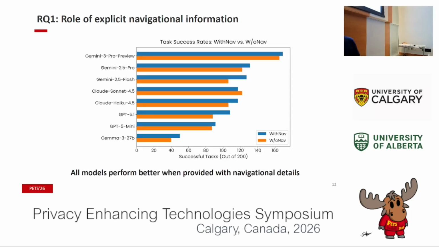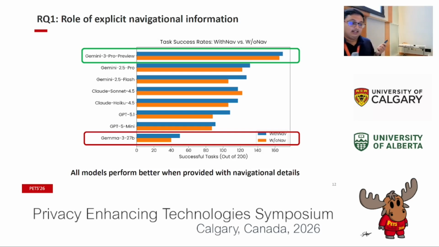So on the navigation information, we saw that by default, with navigation led to better results or better success rate compared to without navigation. Interestingly, we saw that closed source models perform much better compared to open source models and smaller models.